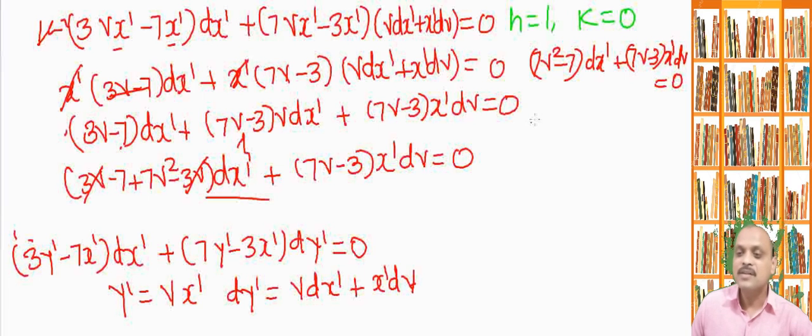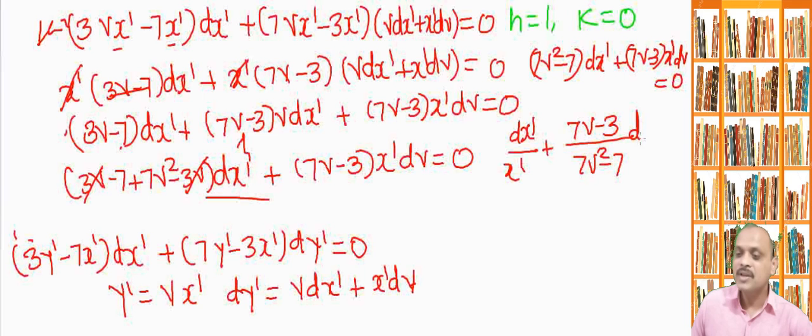Now separating the variables, we can see that dx'/x' plus (7v − 3)/(7v² − 7) dv equal to 0. Now take 7 common and we get v² − 1. v² − 1 means (v + 1)(v − 1).